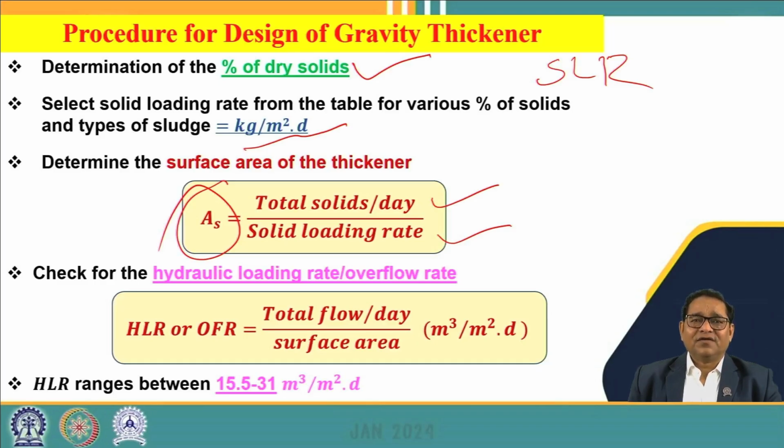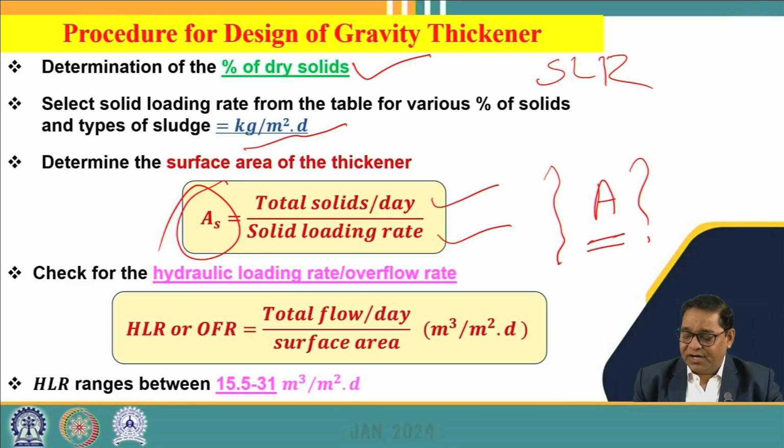And whatever area we have got has to be checked for the second criteria, that is hydraulic loading rate. So based on this, again you get another area, that is A1 and A2.